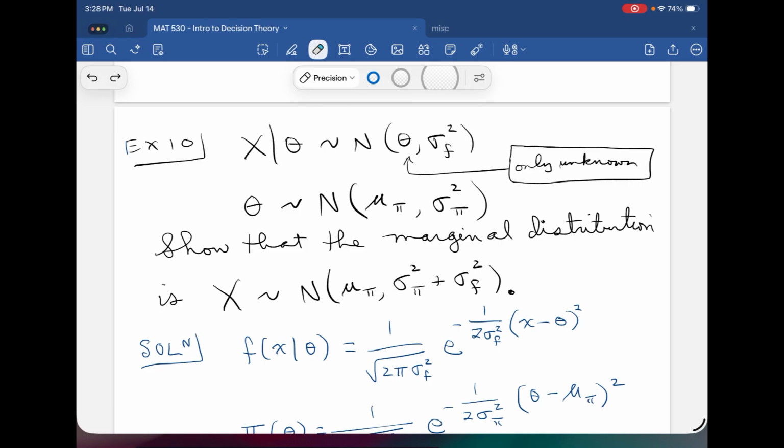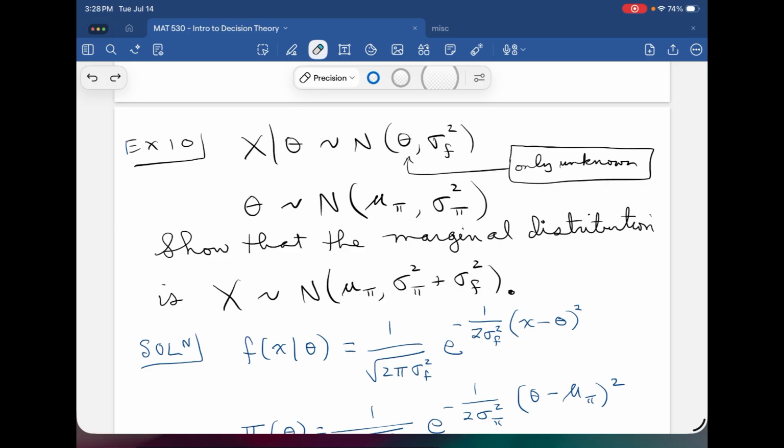These other parameters are assumed to be known. And we're also going to take the prior distribution to be normal with mean mu sub pi and variance sigma sub pi squared. Again, both assumed to be known. And what we want to do is go through the steps to show that the marginal distribution turns out to be normal as well with the parameters you see there.